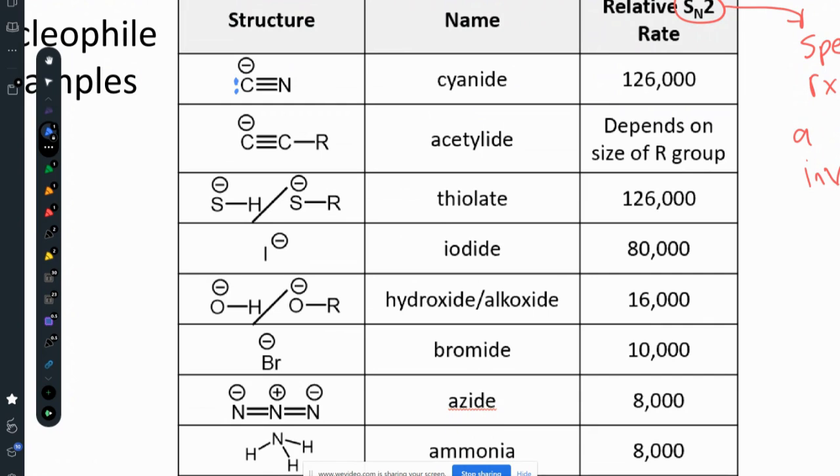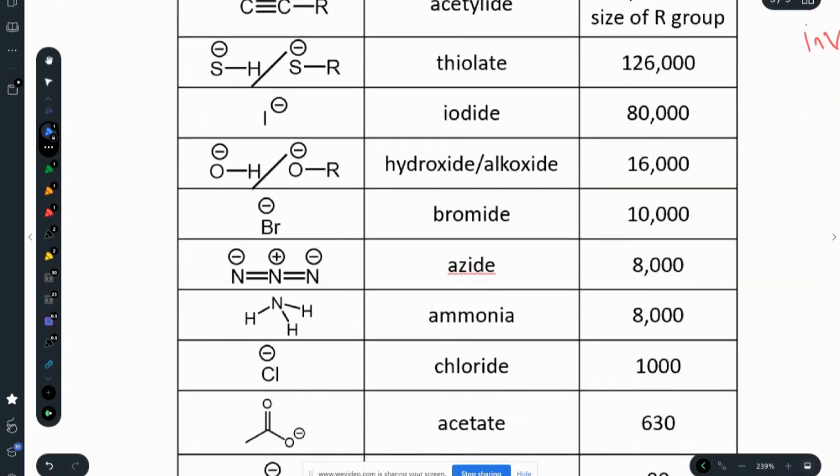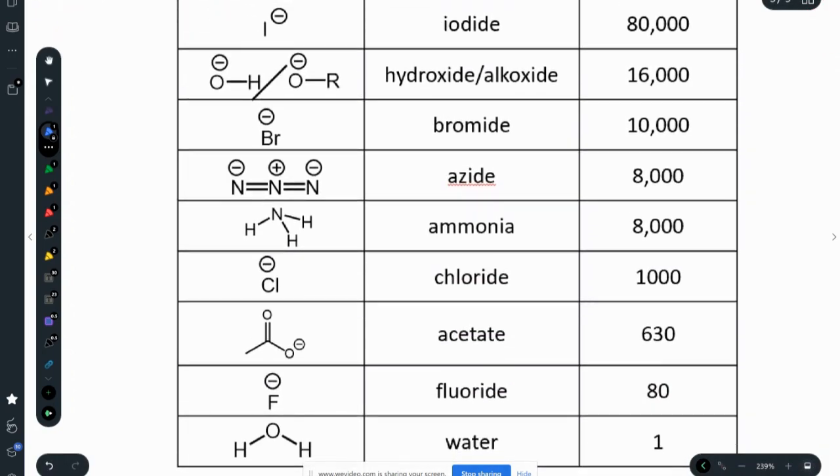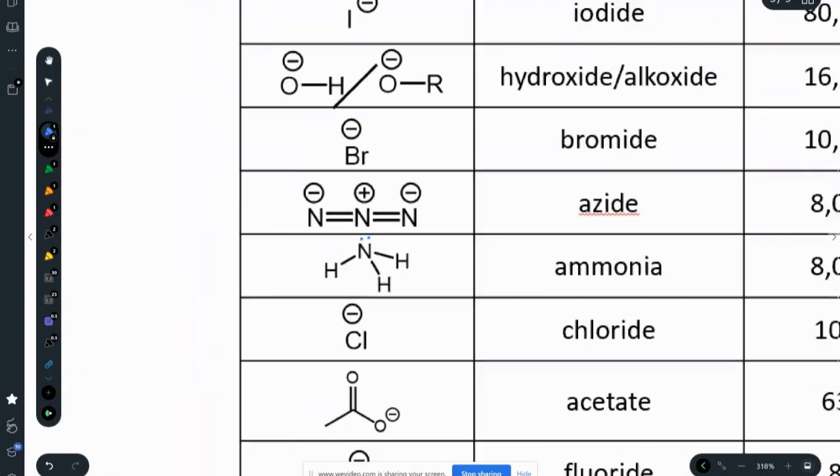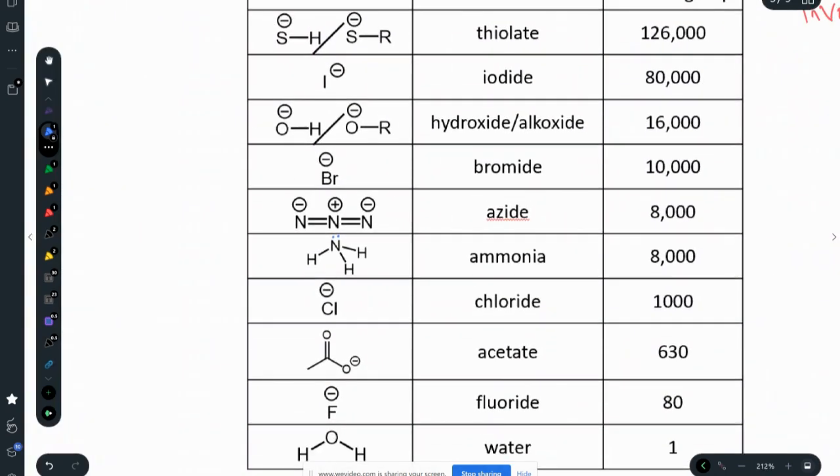The ones at the top of the list also have low electronegativity, right? So those are high energy electrons. Like we said, you get further down, you see some that are neutral, like NH3 here is neutral. And that's a pretty good nucleophile. You can see when you get down to fluoride, very high electronegativity, not nearly as good a nucleophile, much further down the list.